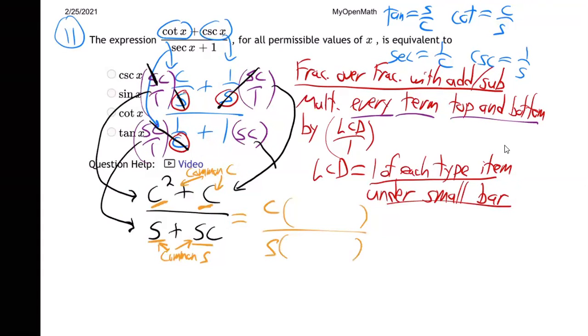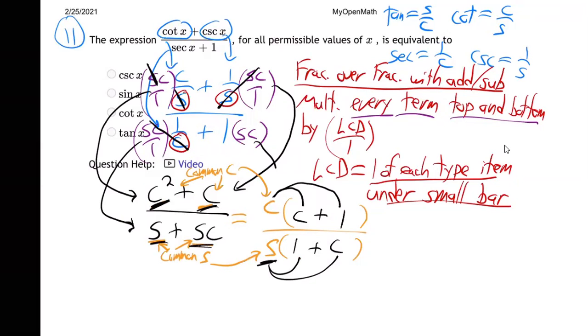We put the S in the front and a parenthesis, right? You take the common part, you put it in the front, and you're going to have the plus signs in here. And then you put inside the parentheses whatever works. C times what and C times what will go back to C squared and C? Well, it's going to be C and 1, isn't it? C times C will go back to C squared, and C times 1 will go back to C. And then on the bottom, S times what and S times what will go back to S and SC, 1 and C. Right? S times 1 will go back to S. S times C will go back to SC.